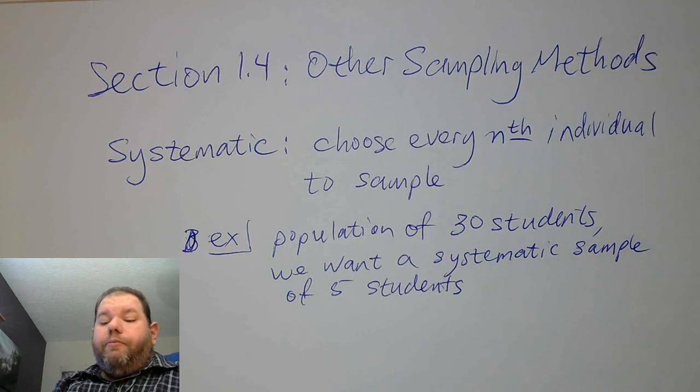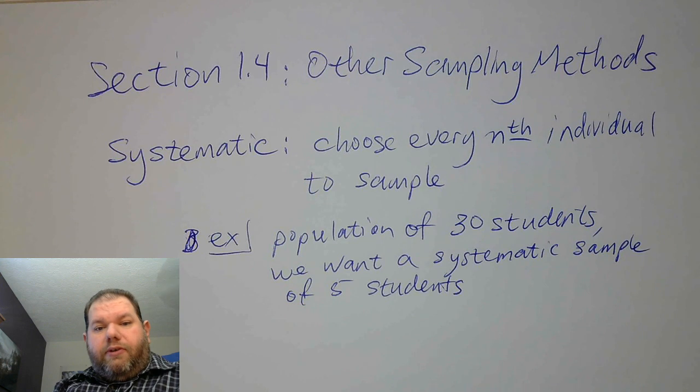Now, when we say we want to choose every nth individual, we also need to choose a starting point. Like maybe we'll pick the first one that we sample at random, anywhere from 1 to 5.